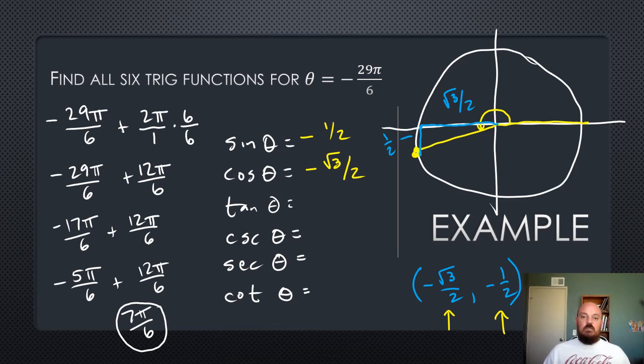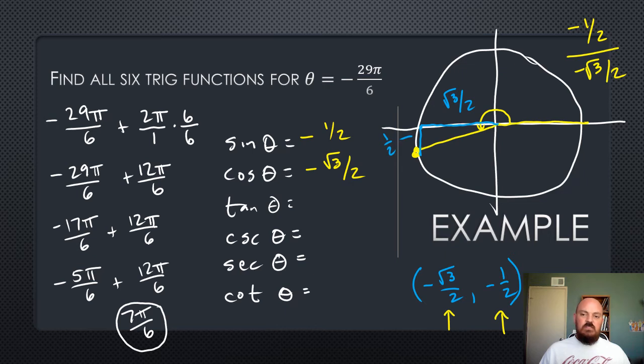Okay, now tangent is going to be sine over cosine. So let's use those two values. Where can I squeeze this in? Maybe above the unit circle there. Sine over cosine would give me negative 1/2 over negative radical 3 over 2. Now two things happen. Negative over negative is positive, so tangent is definitely going to be positive here.